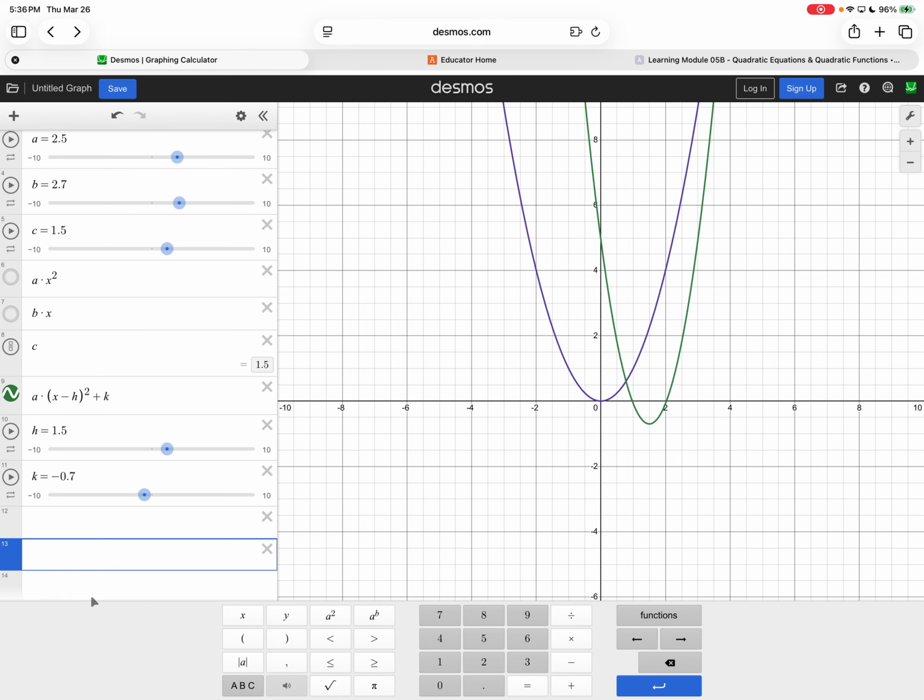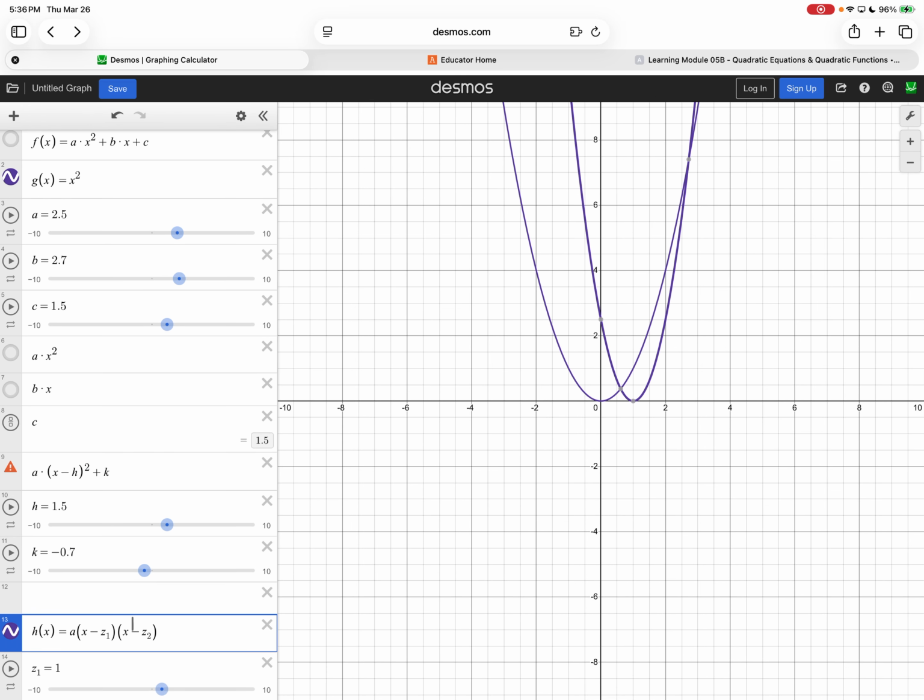So check this out. Let's hide this guy. h of x equals stretch factor times x minus z sub 1, and then x minus z sub 2, where those are the zeros.